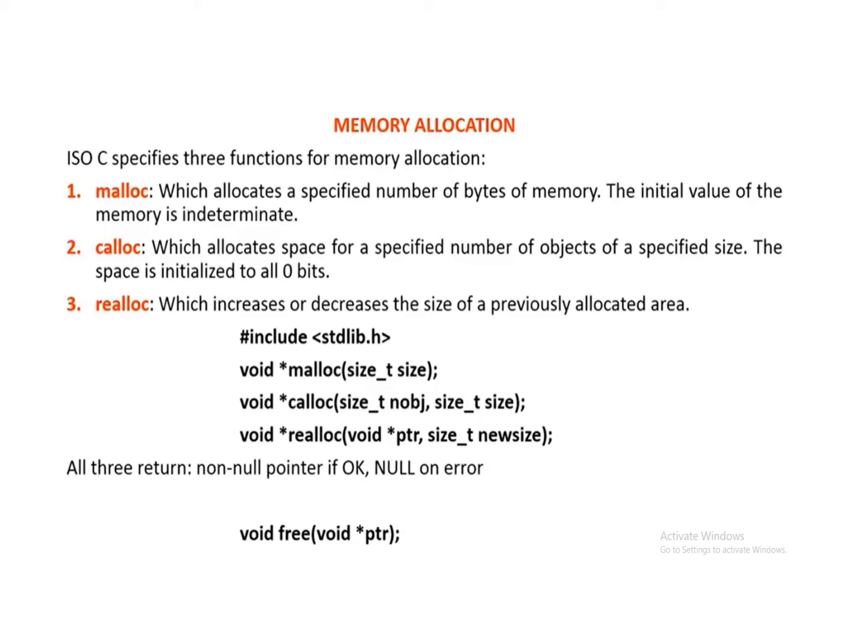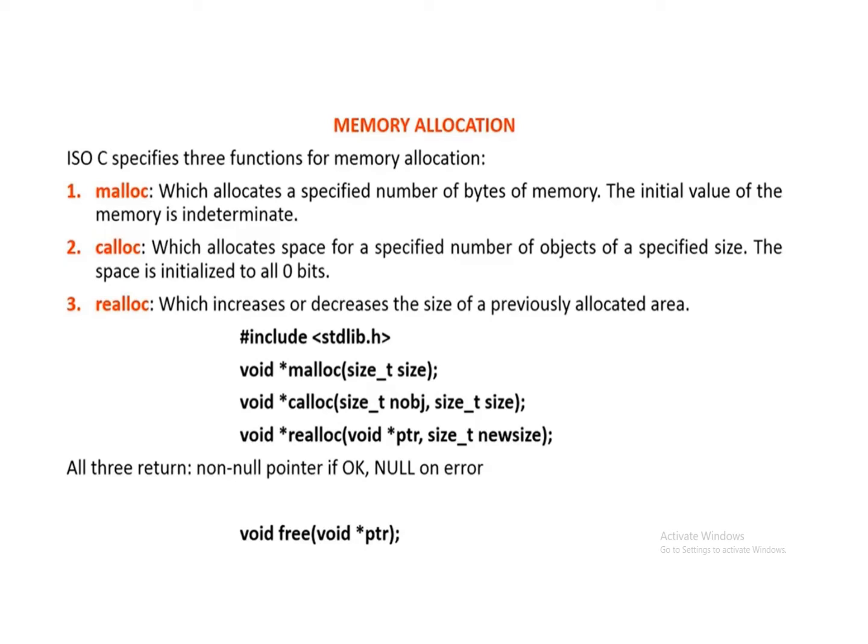We'll see the syntax. All three functions return void pointers, that is, the allocated memory address. For malloc you pass the size; for calloc you pass the number of objects and the size; and for realloc you pass the previous pointer and then the new size.